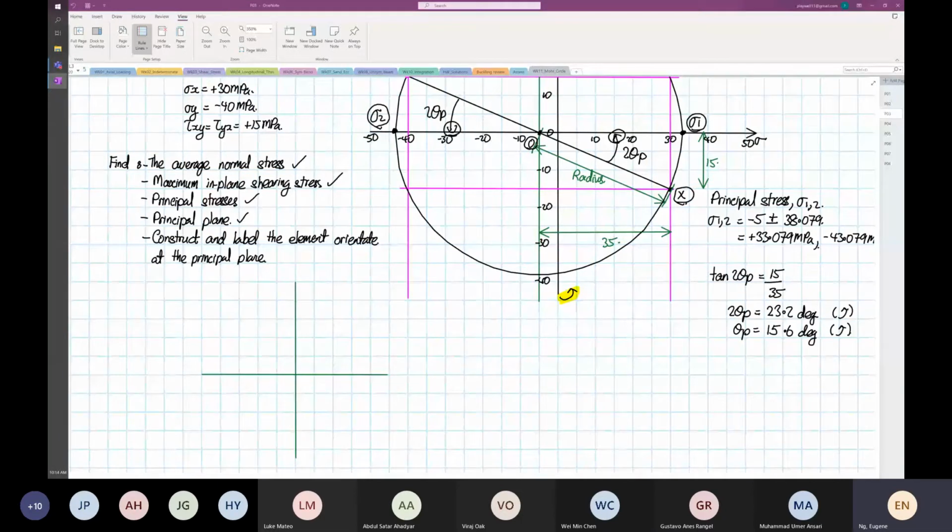Okay, it's the original axis. And then we know that it's going to rotate anti-clockwise by 15.6 degrees. I cannot draw 15.6, so I'm going to draw 16 degrees.